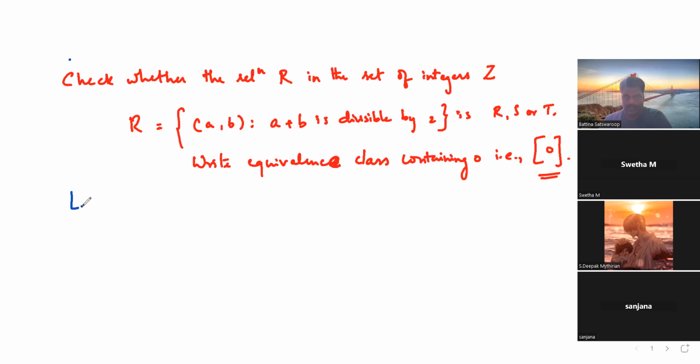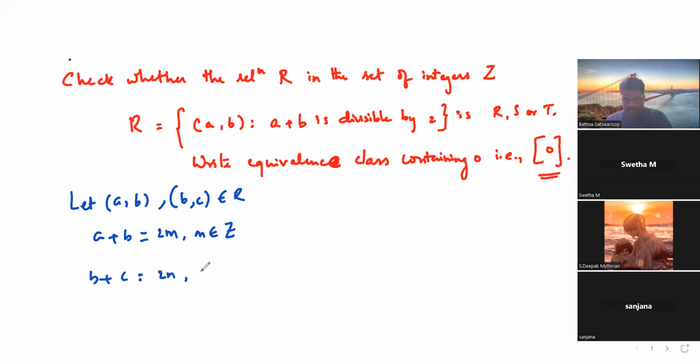So for transitive, let (A, B), (B, C) belong to R. So A plus B is equal to 2M for M belongs to Z. B plus C is equal to 2N, N belongs to Z. Adding both, what will I get?